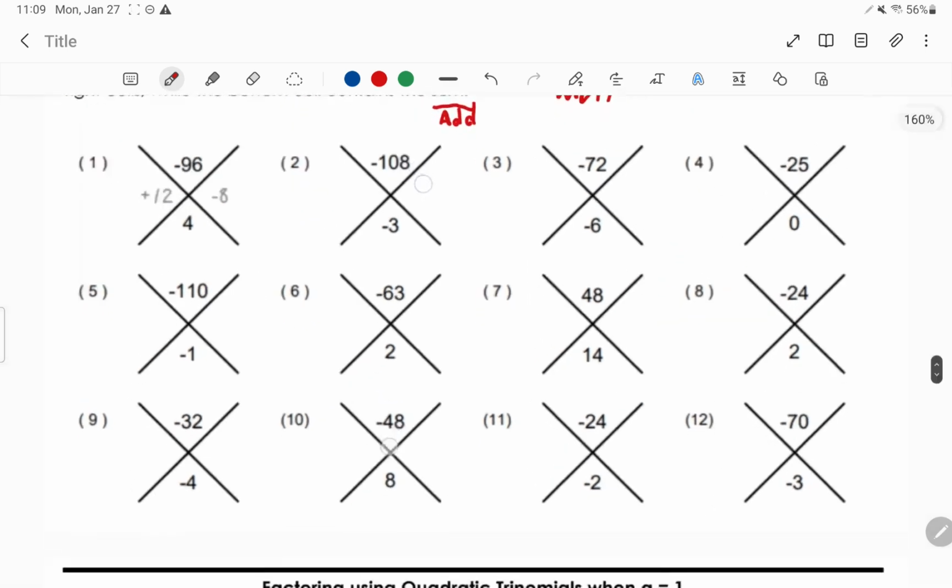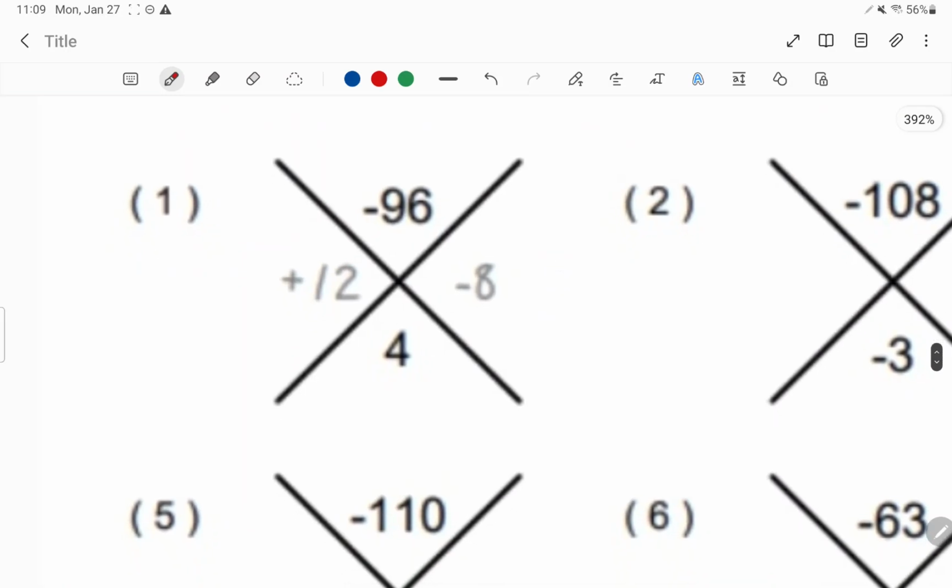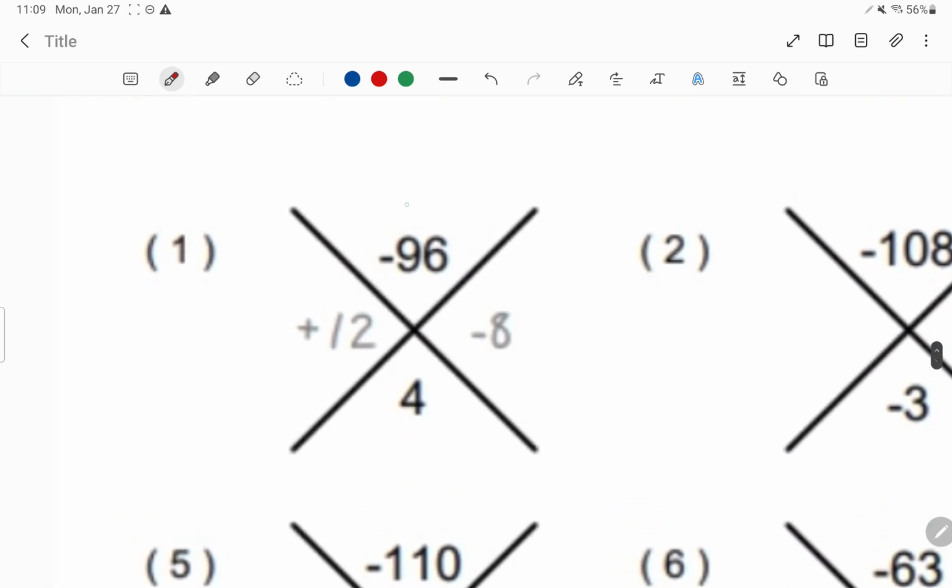Okay, so let's go to number 1 and go over what it's referring to. Every problem is going to have a number on the top, which we need to multiply 2 numbers to get. The bottom one, we're going to have to add to get this number. Where are we getting these numbers from? In this case, they already gave us the numbers: 8, -8, and +12.